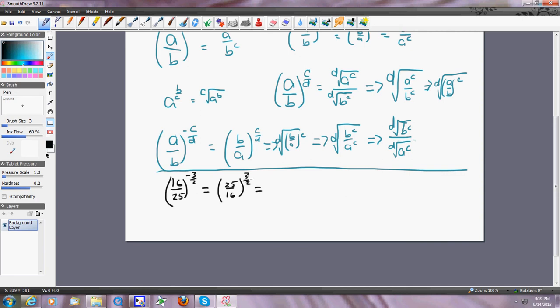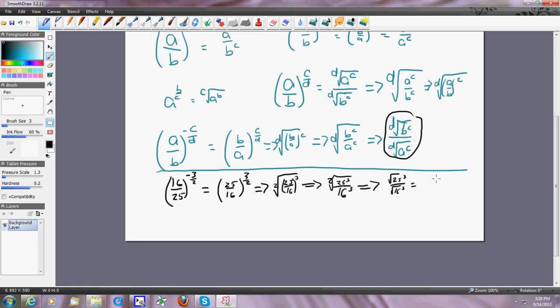which is, and I'm actually going to go straight to here. I'm going to skip, well, perhaps I shouldn't do that. I'll go in the same order. That's really the square root, I don't have to actually write the 2, of 25 over 16 cubed, which is the square root of 25 cubed over 16 cubed, which eventually ends up being the square root of 25 cubed over the square root of 16 cubed.